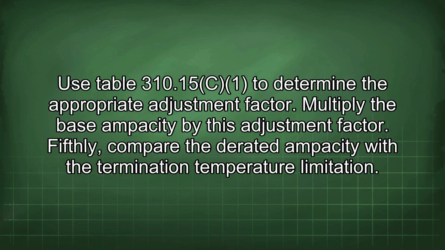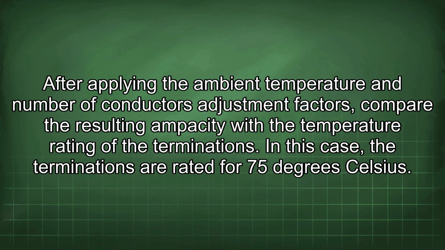Fifthly, compare the derated ampacity with the termination temperature limitation. After applying the ambient temperature and number of conductors adjustment factors, compare the resulting ampacity with the temperature rating of the terminations. In this case, the terminations are rated for 75 degrees Celsius.